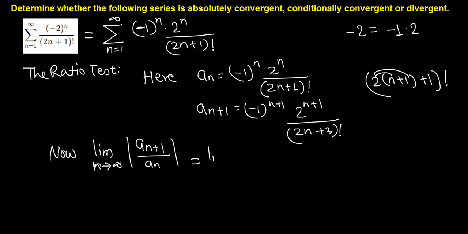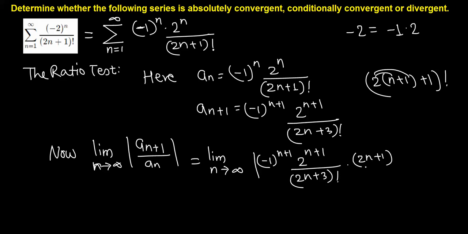That is the limit as n goes to infinity of the absolute value of a_(n+1), which is (-1)^(n+1) times 2^(n+1) divided by (2n+3)!, divided by a_n. Dividing by a_n means multiplying by its reciprocal, so (2n+1)! goes on the top, and (-1)^n and 2^n on the bottom.